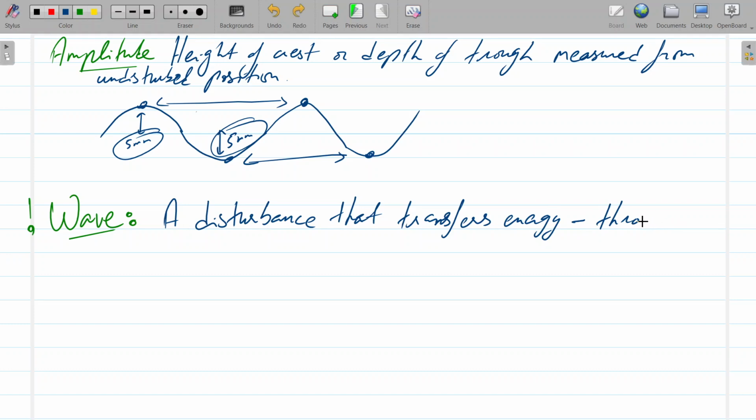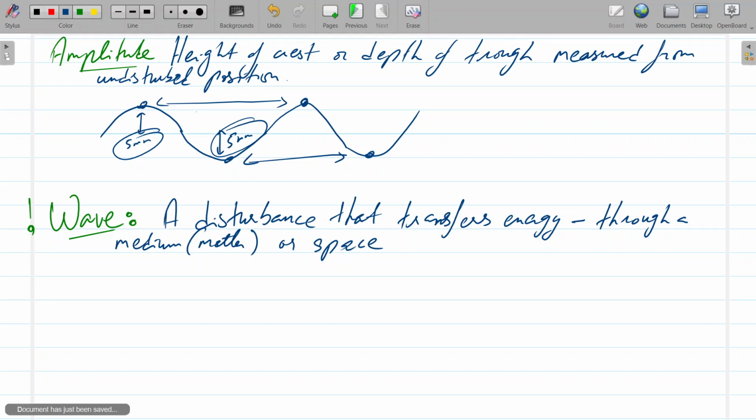So this could be either through a medium, which means matter is involved, or space, without matter. So that's what a wave is.